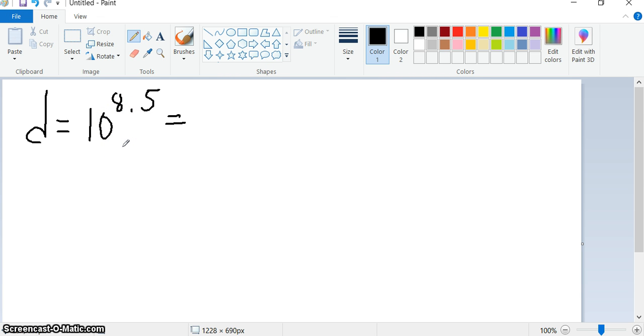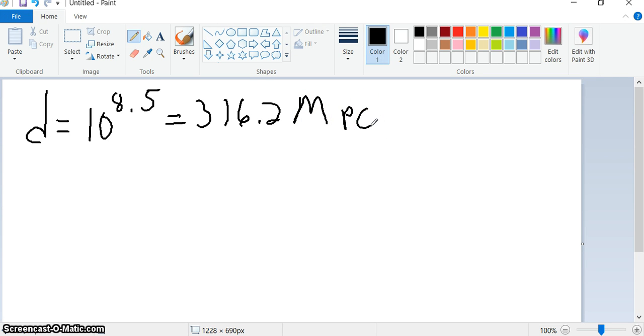All right, so when you do this out in your calculator, it's a pretty big number. So it turns out to be 316.2, and then there's six places to the right of the decimal, and so that would be megaparsecs.